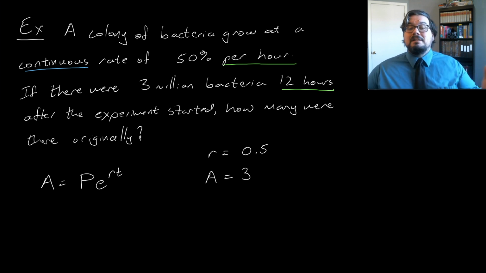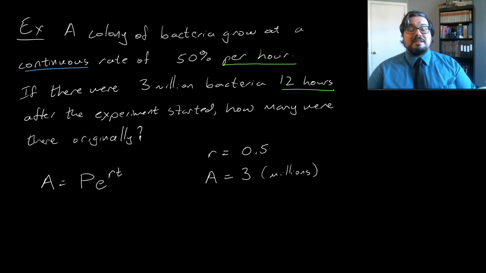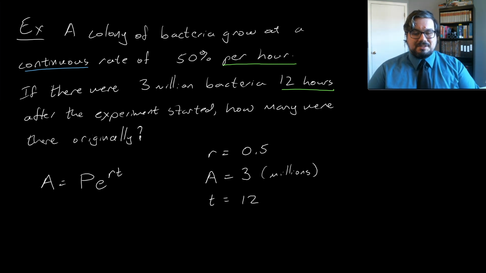So how many millions of bacteria were there at the end of the problem? Well, there were 3 millions of bacteria. And then when we calculate our P at the end of the problem, it will also be measured in millions of bacteria. And then finally, the time of this problem is 12. There were 12 hours between the start and the end of this problem.